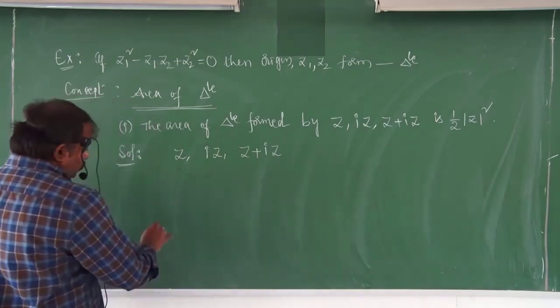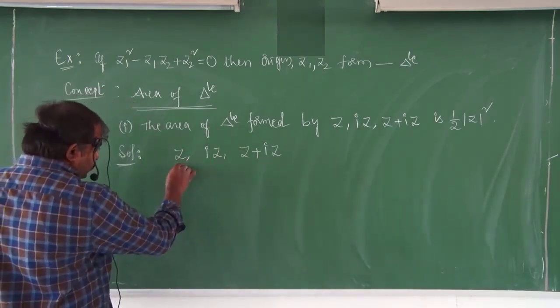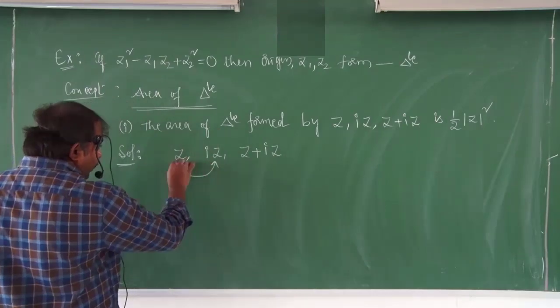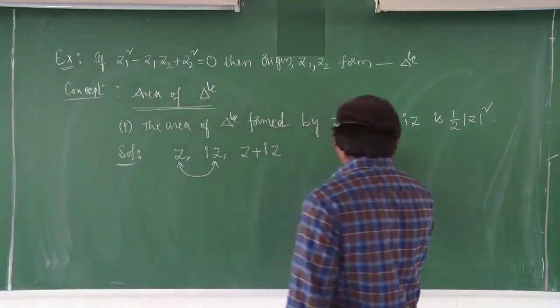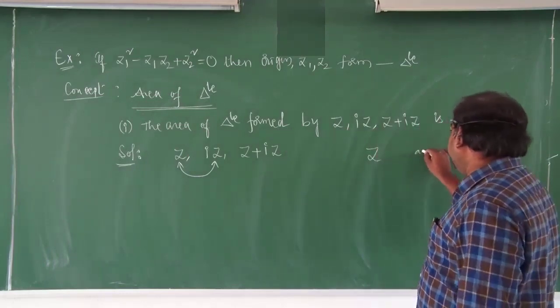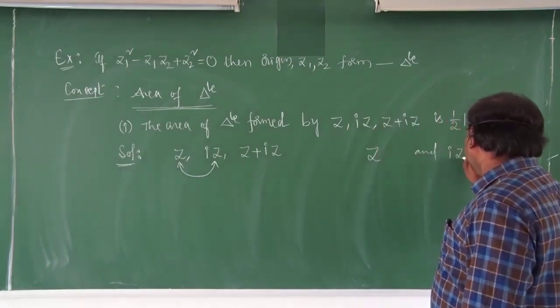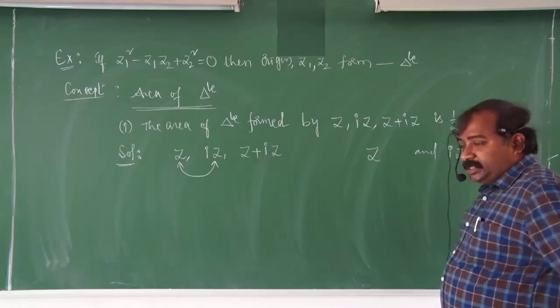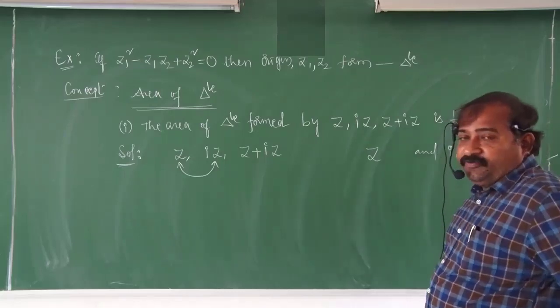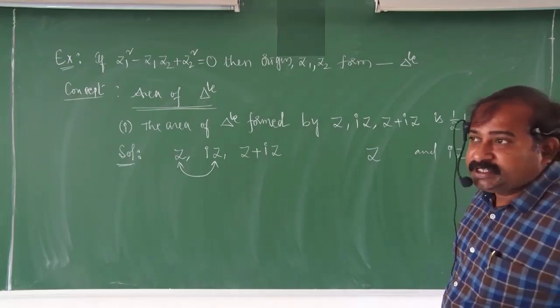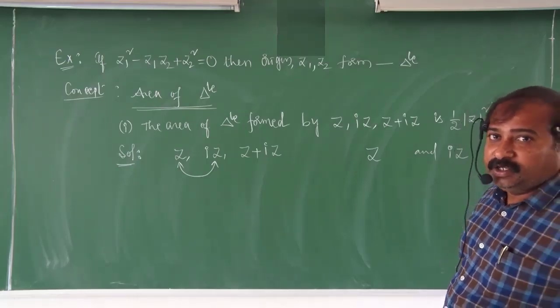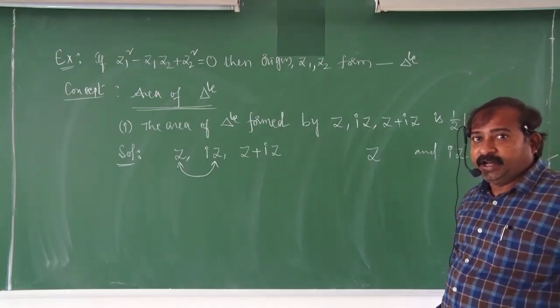First we will discuss how these two are related: z and iz. If you multiply a complex number by i, how are they related?